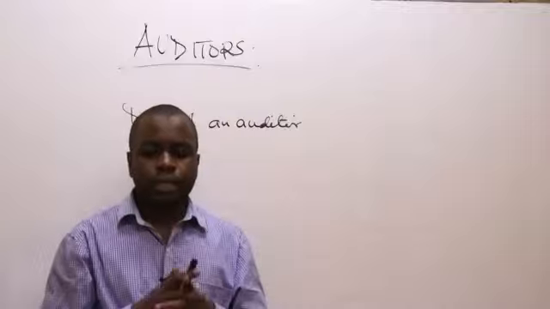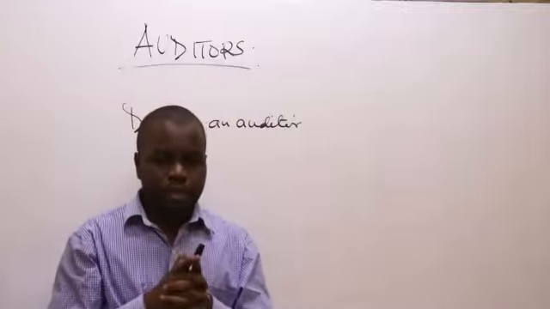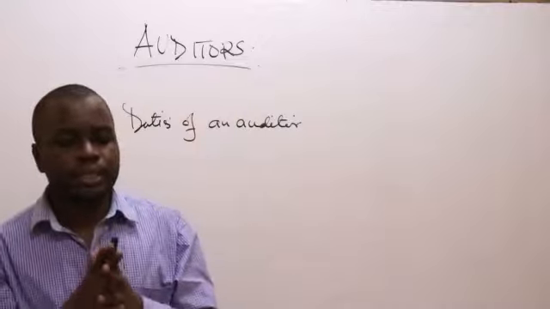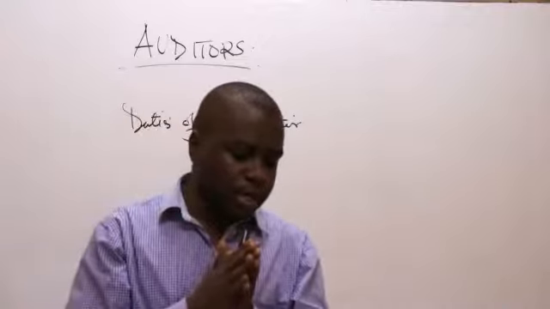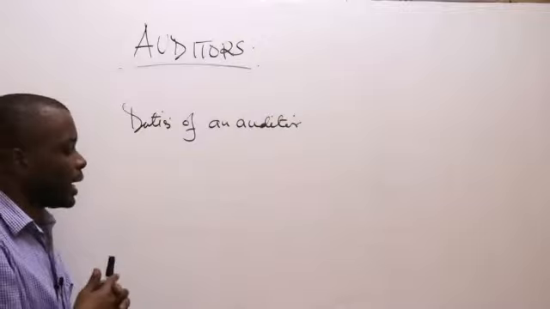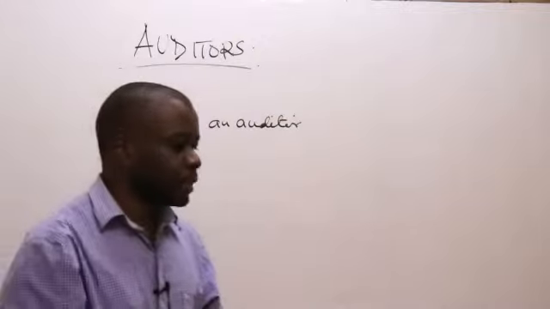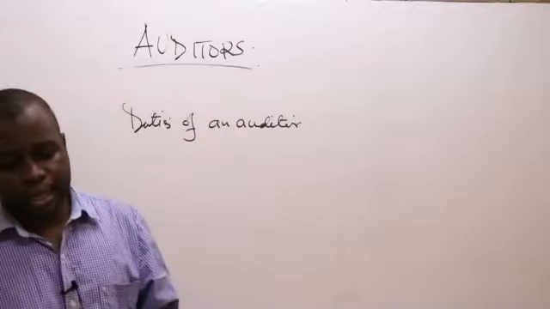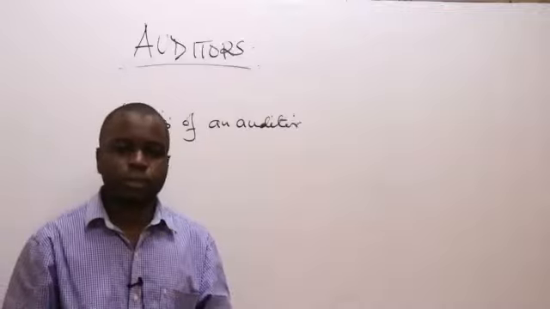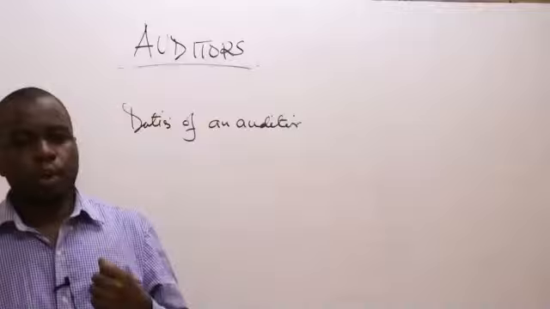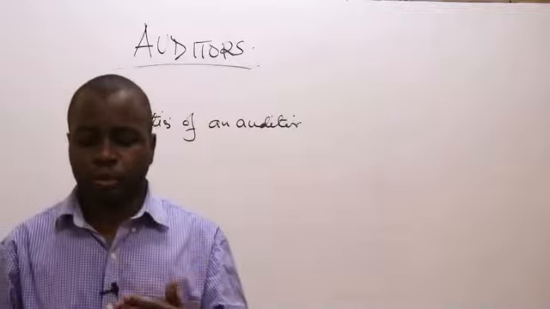So when you talk about ensuring that he's carrying out his work with reasonable care and skill, of course it summarizes many of the attributes that he must be able to ensure he has as an auditor of the company. So we talked about, for example, honesty, integrity, professionalism, independence. All of those should be met by the auditor while he's carrying out his work as an auditor of the company.